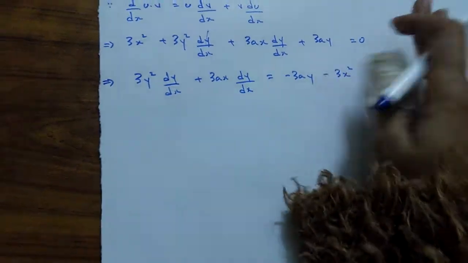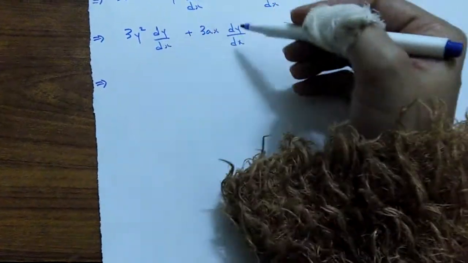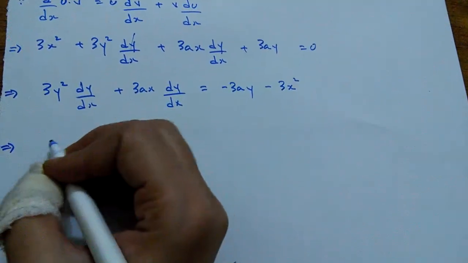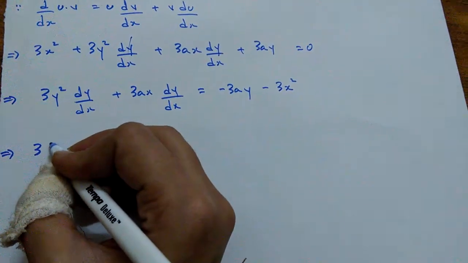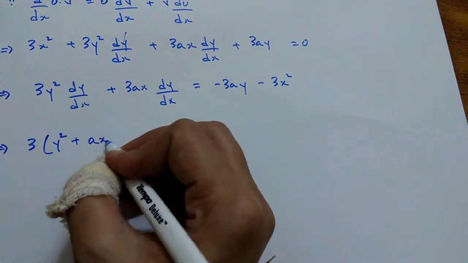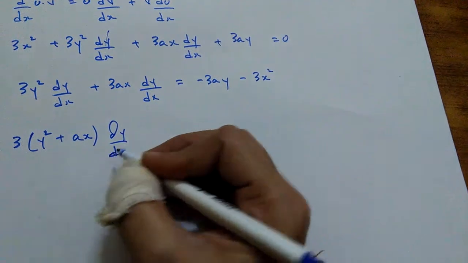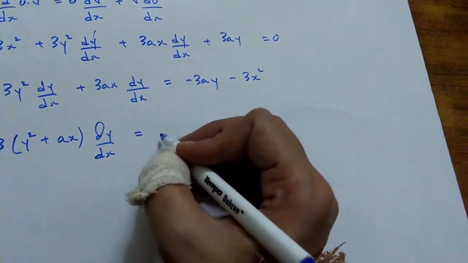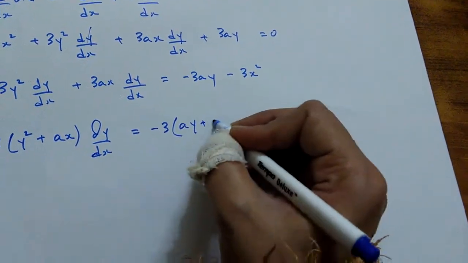All right, now over here I can take out my dy by dx common, and 3 is also coming out common, so it's going to be like this, dy by dx. Over here the negative 3 is coming common, so inside will be ay plus x squared.